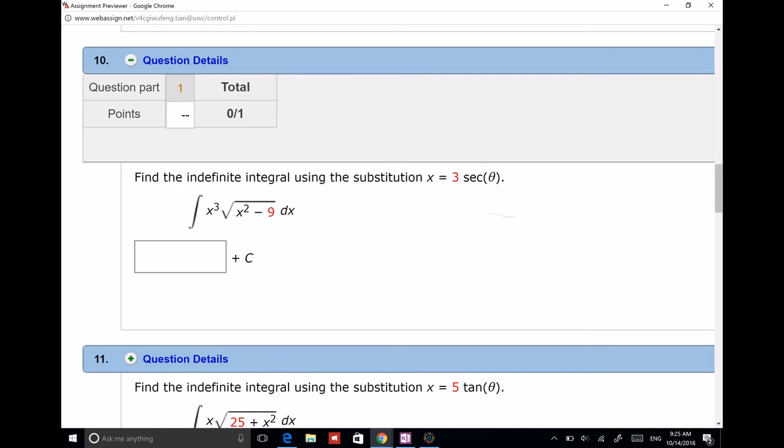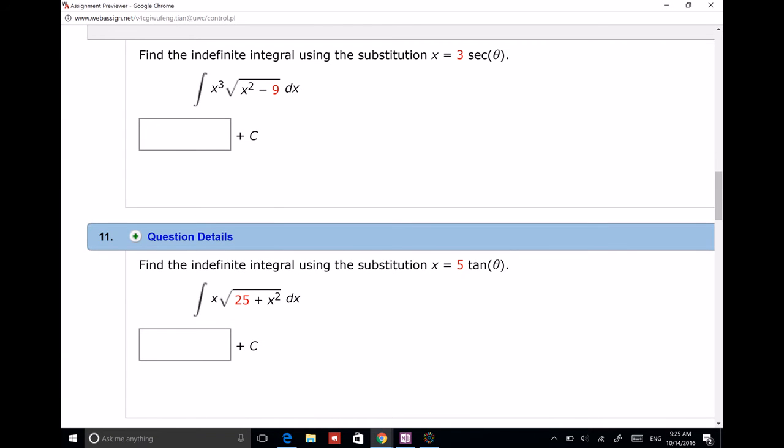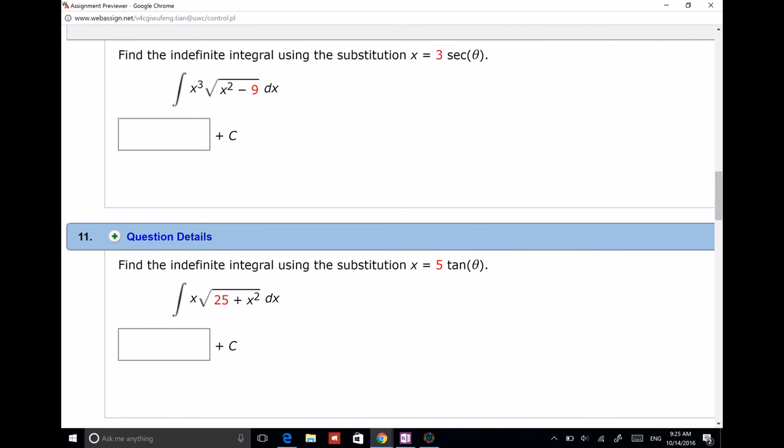Here's a problem. Find the integral, x equals 3 secant theta, of x cubed square root of x squared minus 9. Can you try that yourself? Let me see.